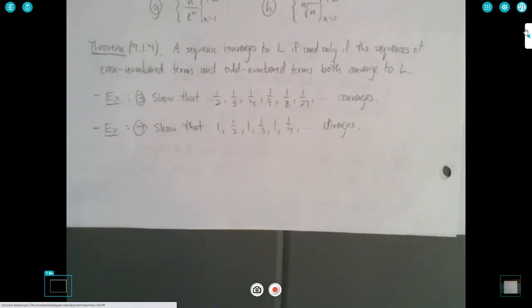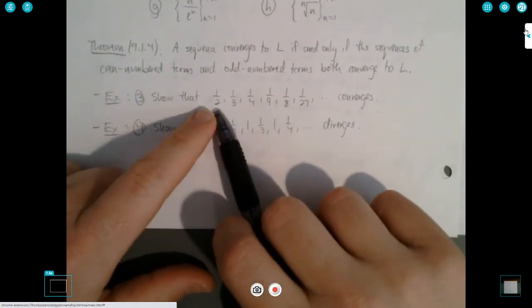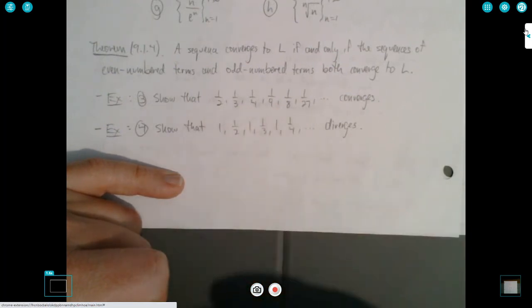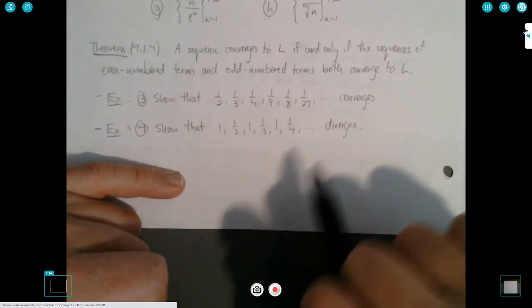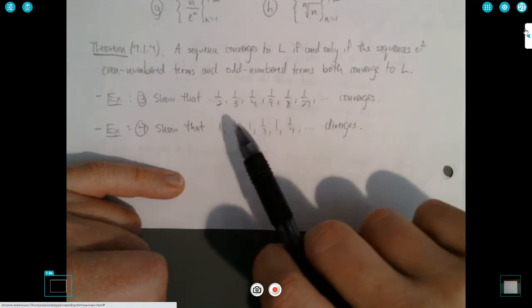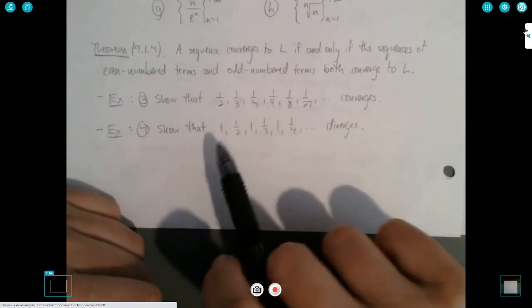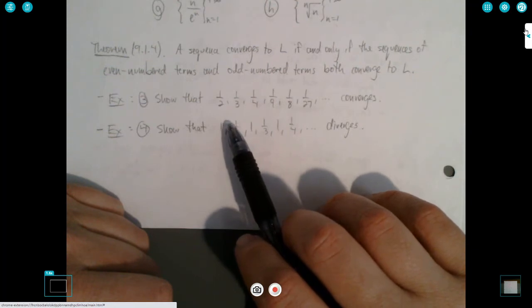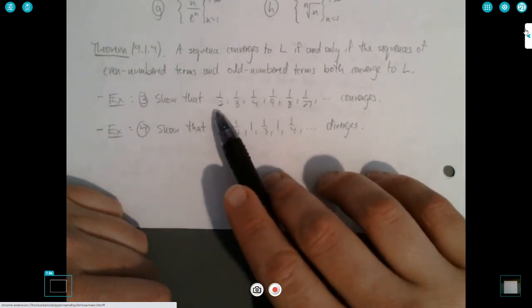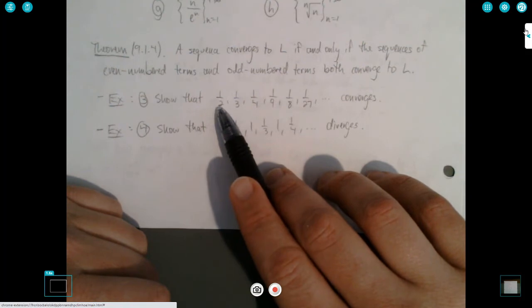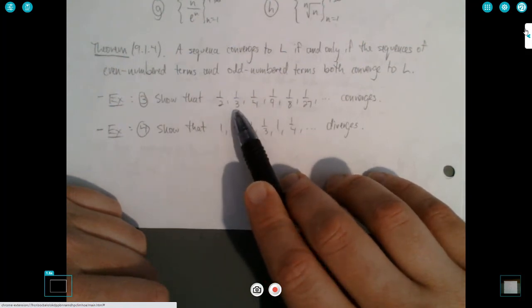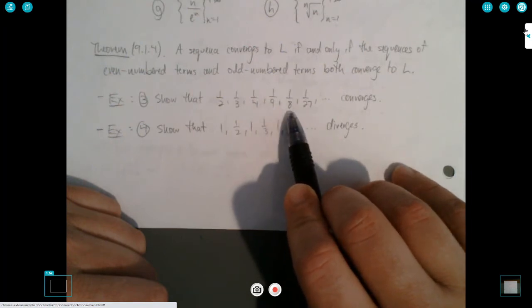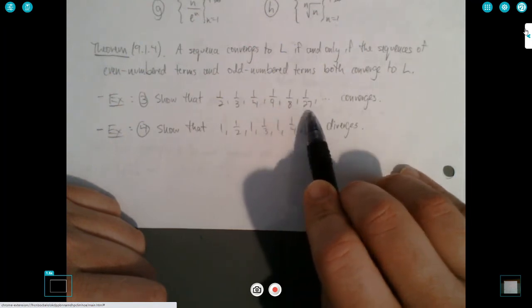So, for example, the sequence 1/2, 1/3, 1/4, 1/9, 1/8, 1/27 converges. That might seem weird at first because it seems like we're jumping around everywhere. At first the terms are getting smaller: 1/2, then 1/3 is smaller, 1/4 is smaller than that, 1/9 is even smaller, but then the term increases to 1/8 and then it decreases.